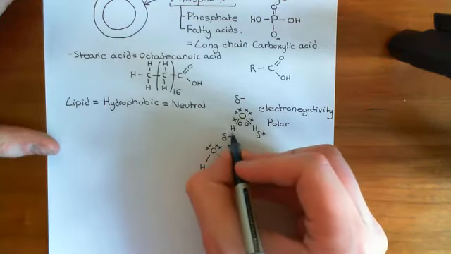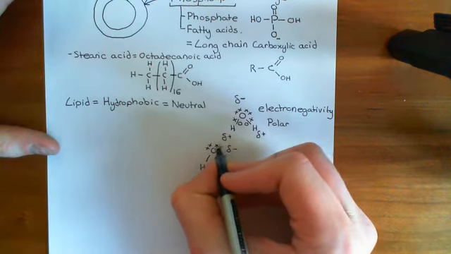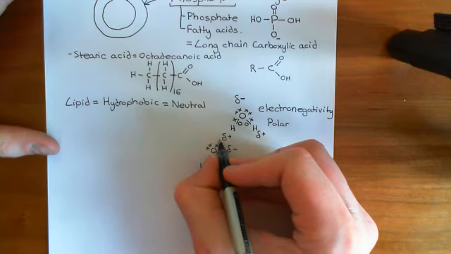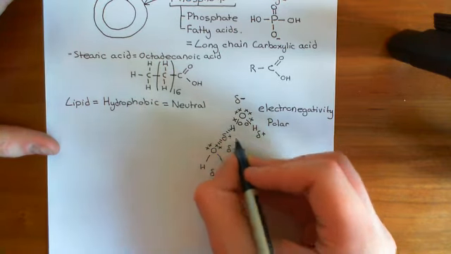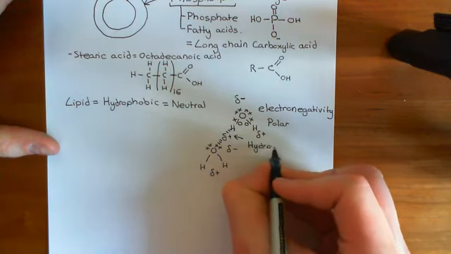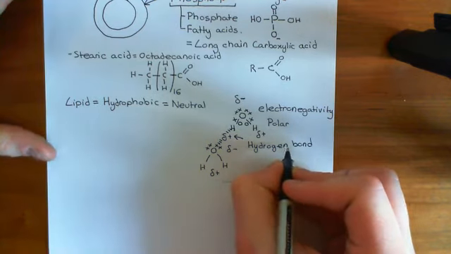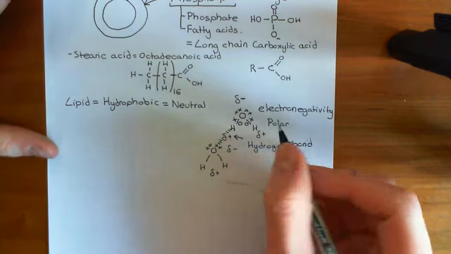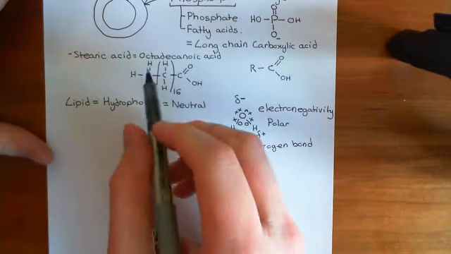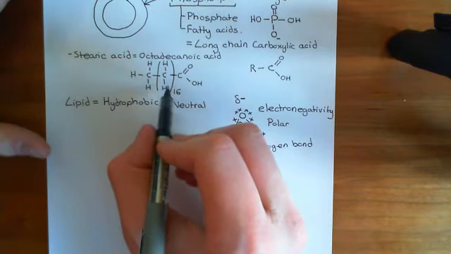The partially positively charged hydrogen atom here can form a very strong interaction with this lone pair of electrons on the oxygen atom over here. Let me show this. This very strong interaction is known as a hydrogen bond, and it is a form of intermolecular bonding. However, it's a very strong form of intermolecular bonding. So water molecules have these very strong interactions between one another. Now, if we look at this stearic acid molecule, it is very neutral.